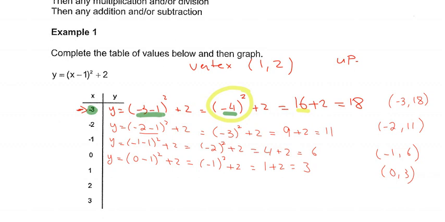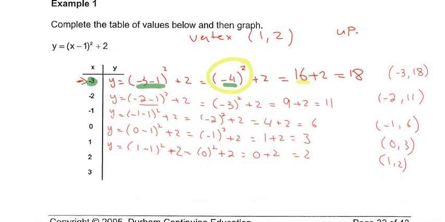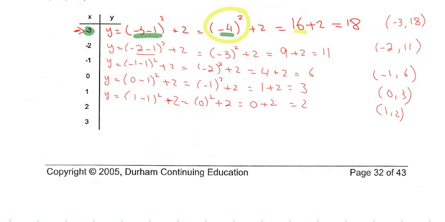My next point is I'm replacing x with a 1. One minus 1, that's 0. 0 squared is 0 plus 2, so that equals 2. So my point here is 1, 2. The x value is 2. 2 minus 1, that's 1. 1 squared is 1.